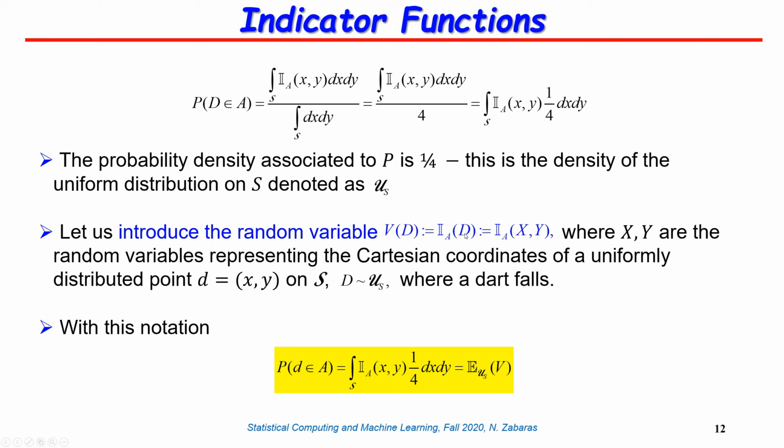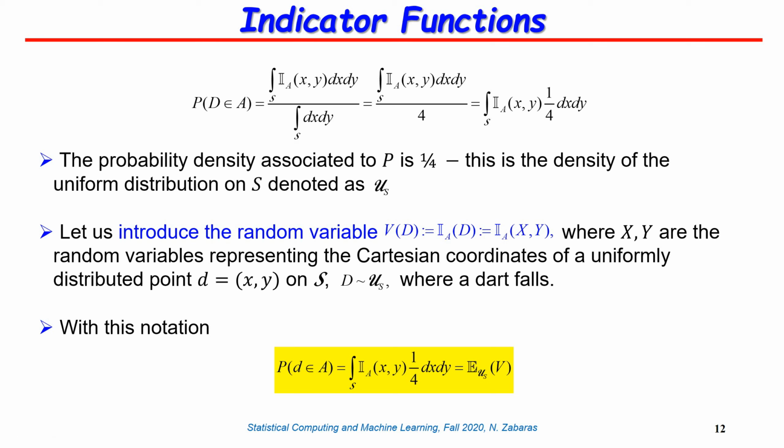I don't really need extra variables, but I do this to simplify things so I don't carry the indicator function with me all the time. So v of d is nothing else but the indicator function we had before. Effectively, the formula on the top is the expectation of this random variable with respect to the uniform distribution.